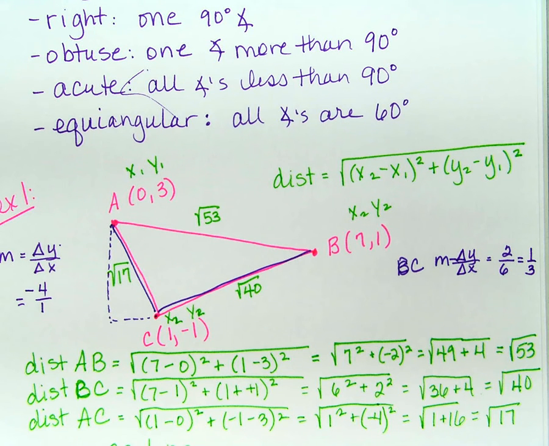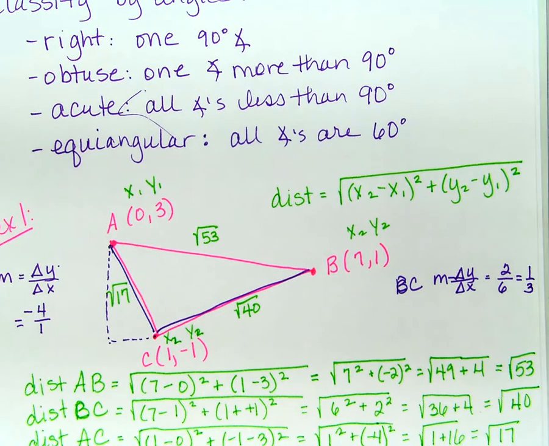Okay. So we have, what, 3 more choices? We have 2. Oh, why do we only have 2? Because it's not going to be equiangular. So we know it's not going to be equiangular, don't we? Okay. So what about obtuse and acute? Which one is it? Why do you think it's acute?